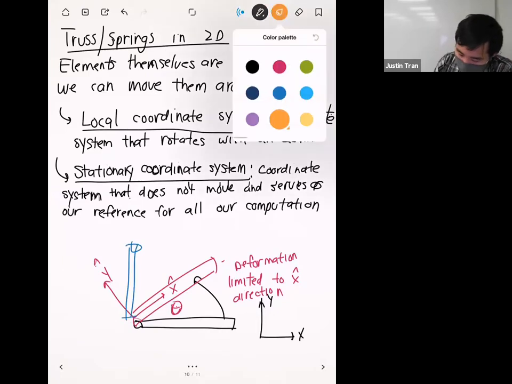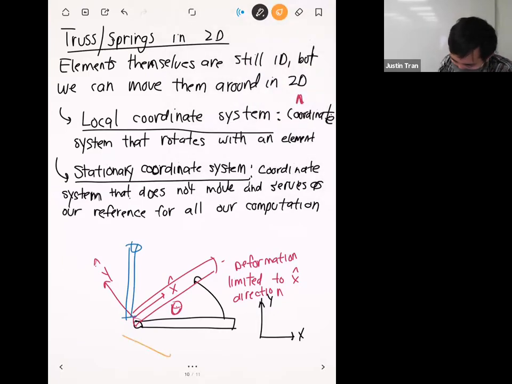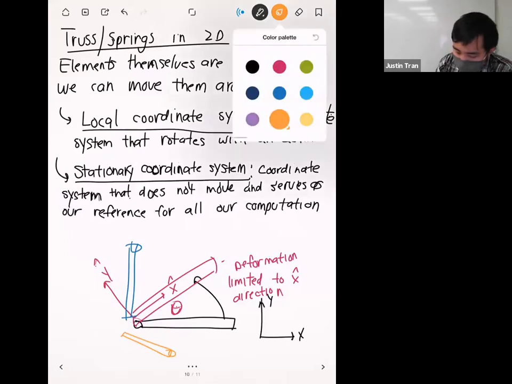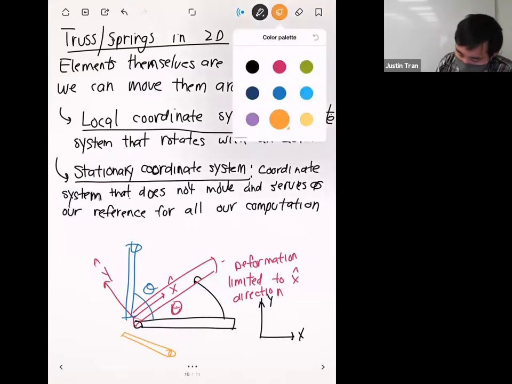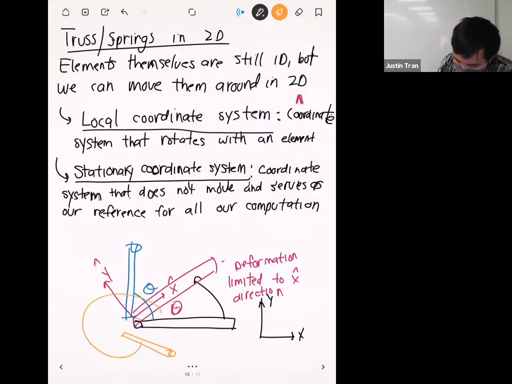And let's say that we have another one that maybe is rotated downwards like this, okay? And so they're all going to have an angle that's associated with that, right? And so let's say that this is rotated by an angle theta. And let's say that this is rotated all the way around by an angle theta orange, okay? Right, we have theta red, theta blue, theta orange, okay?